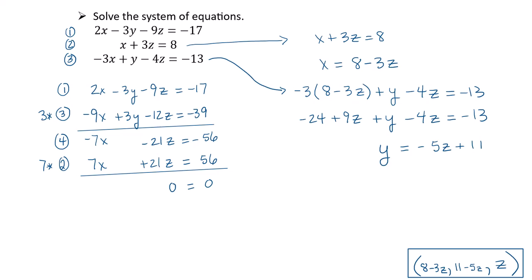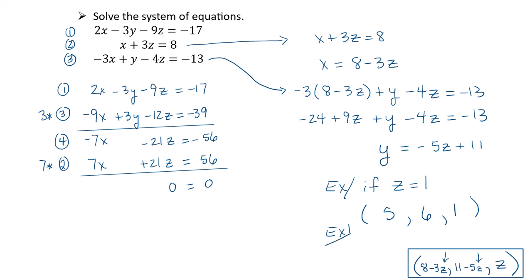Let me show you how this works, just as an example. If z equals 1, then the coordinate is going to be, we put a 1 here, 1 times 3 is 3, 8 minus 3 is 5. We put a 1 here, 1 times 5 is 5, 11 minus 5 is 6, and there we have the z as 1.